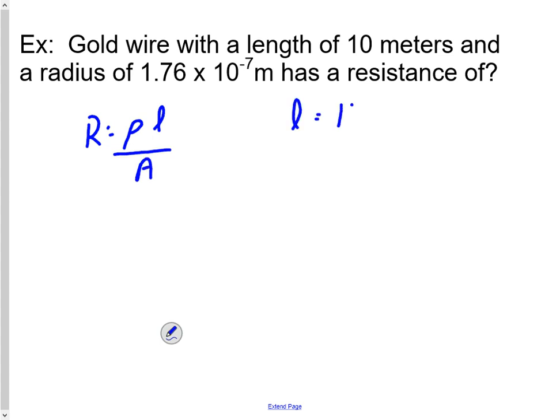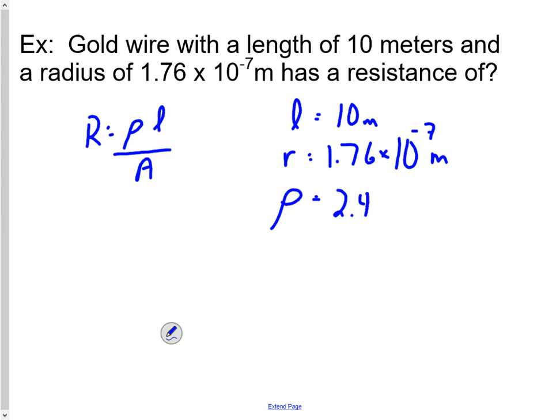Got L, 10 meters, a radius of 1.76 times 10 to the minus 7 meters, and what is the resistivity of gold? So I look at my table and I get 2.44 times 10 to the minus 8 ohms times meters.